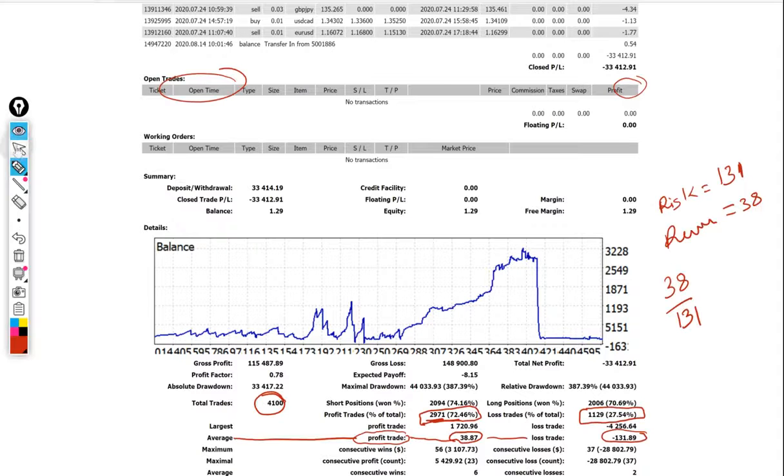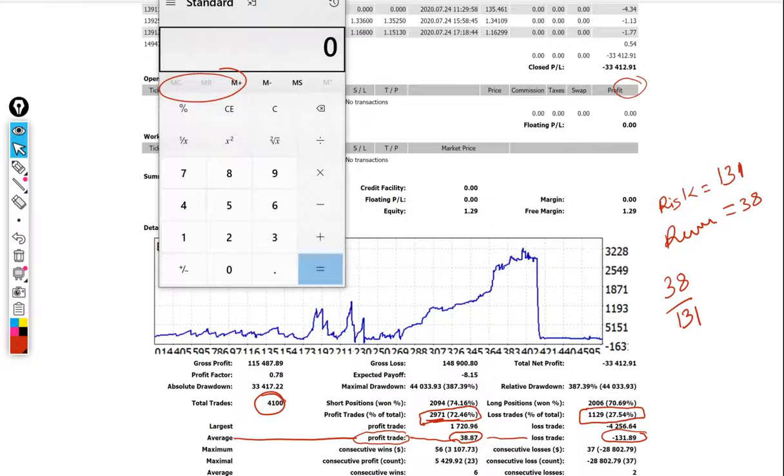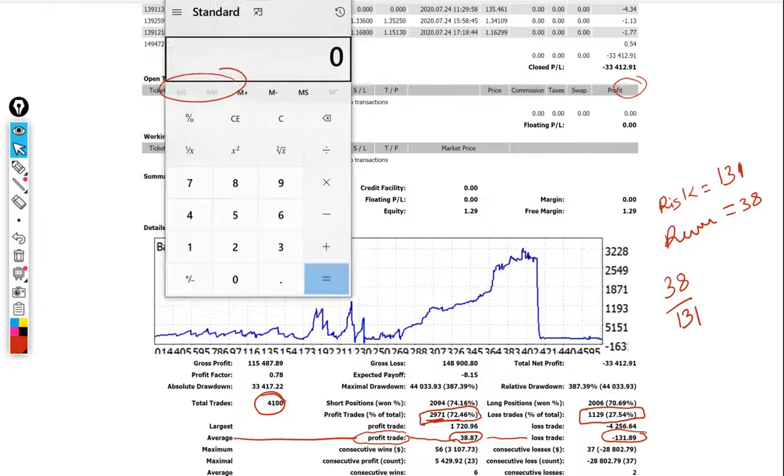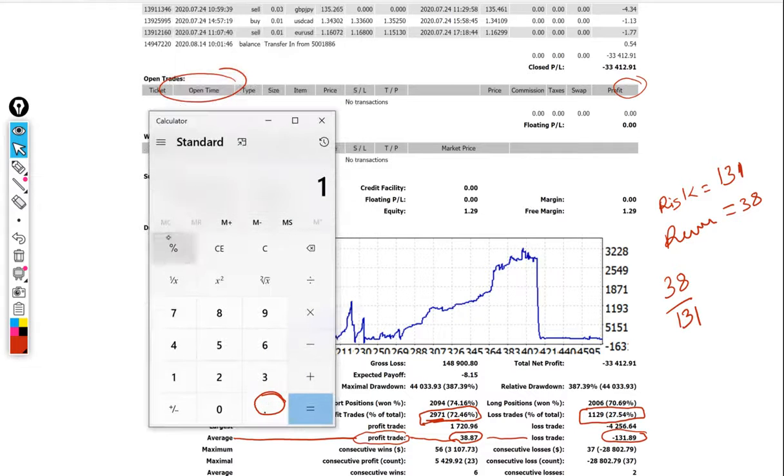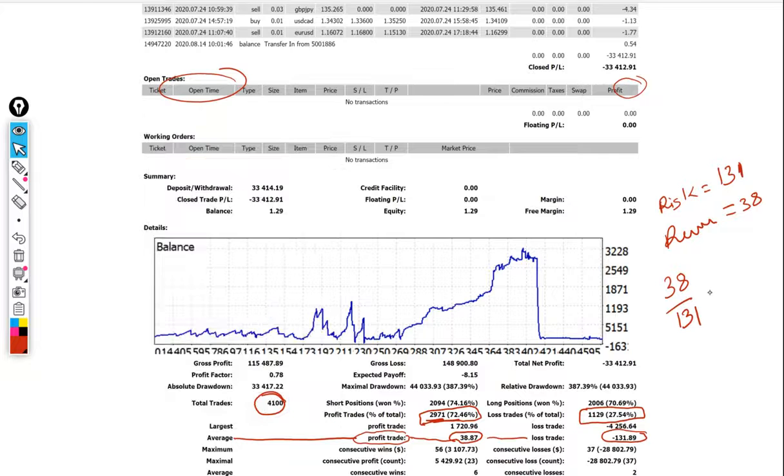We will count it at 38. Exactly, 0.29. The best risk reward is 1 to 1 minimum, and if it is above 1 to 1, you can never be at a loss in any situation. But here it is less than break-even. It should be at least 0.5.